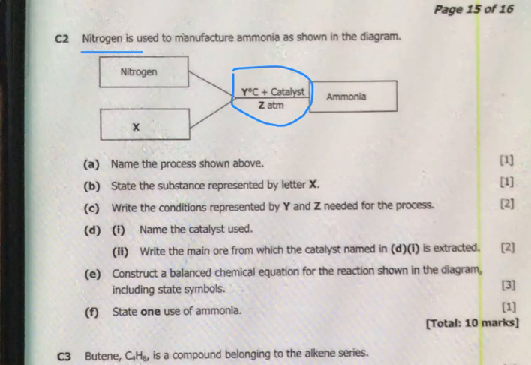When they are compressed, the gases must be passed over to another chamber where they will be converted in the presence of a catalyst. And after that, we're going to have the gases being formed, ammonia being cooled.